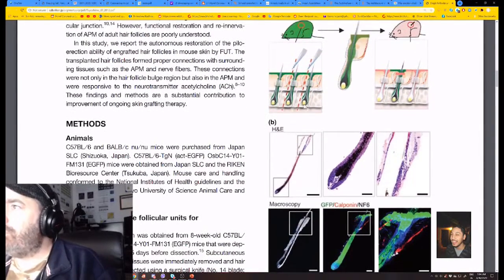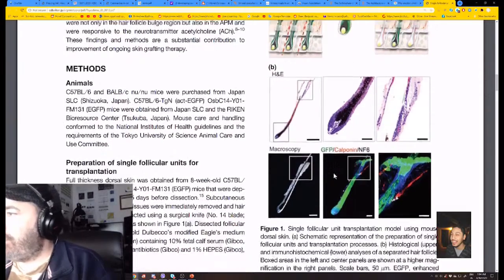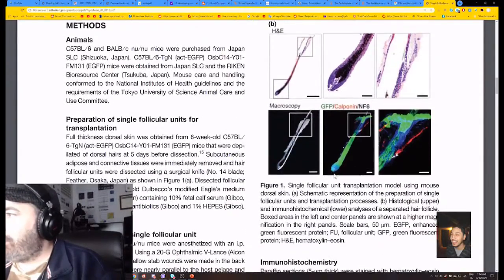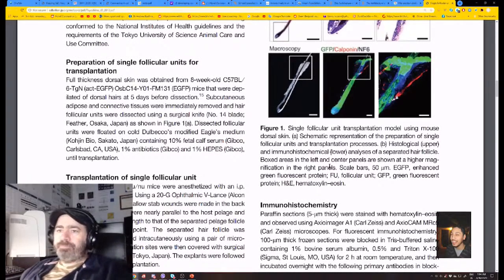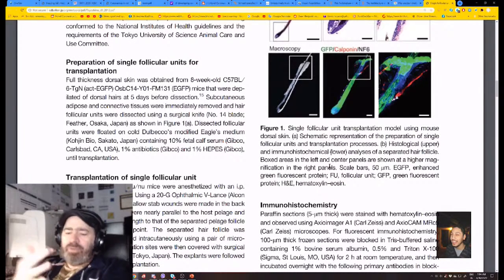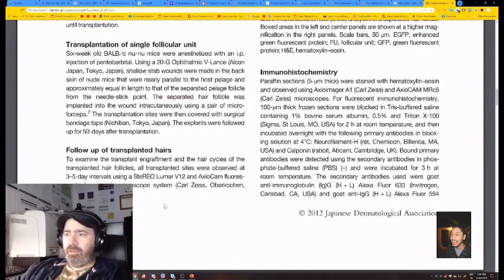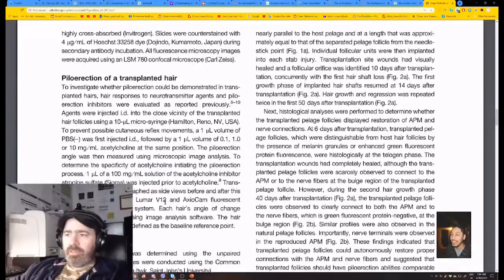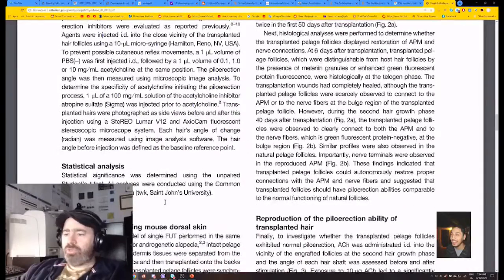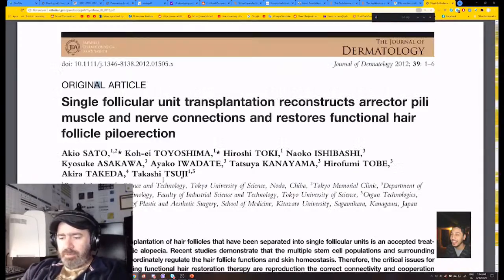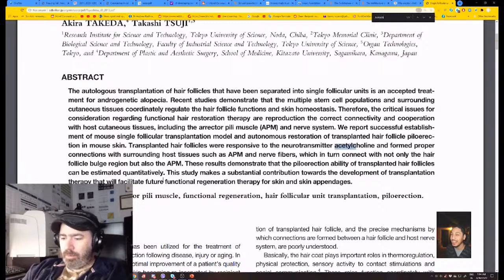Well, anyway, there's small muscles at the base of the hair, and it stands the hair up, and if it's up, it's trying to keep you warm, and all hair, I think, has it, even the hair on your head, and it's a small muscle. And let's look for choline.